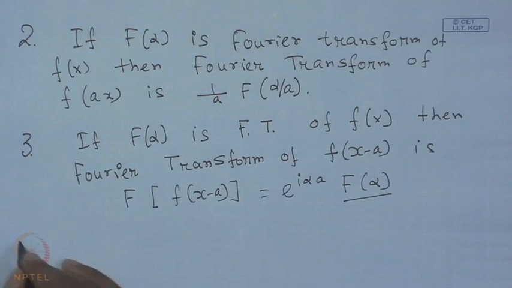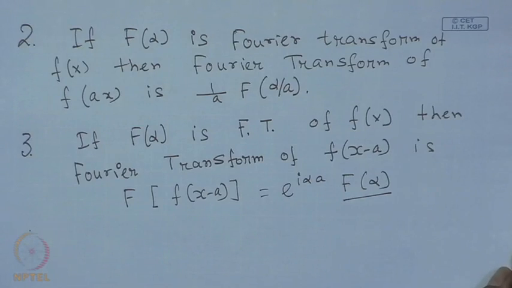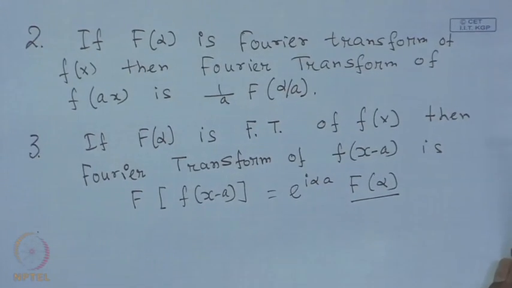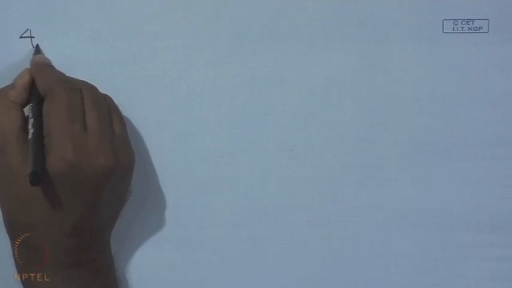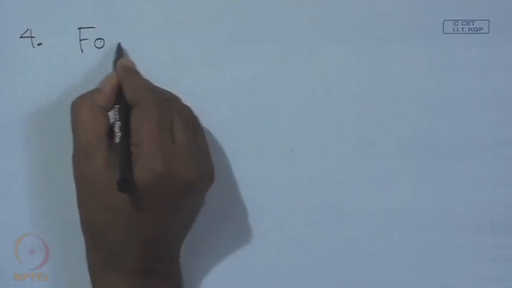Okay. So, next we will look into some of the properties of the derivatives, and these are very important, as we have looked into the Laplace transform of different derivatives in the earlier class. We will look into the Fourier transforms of various derivatives.